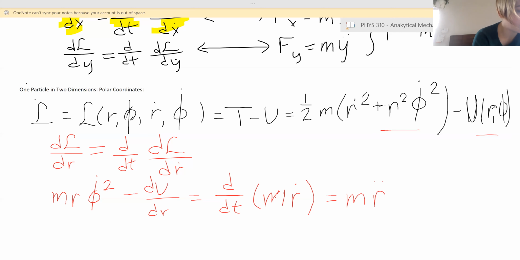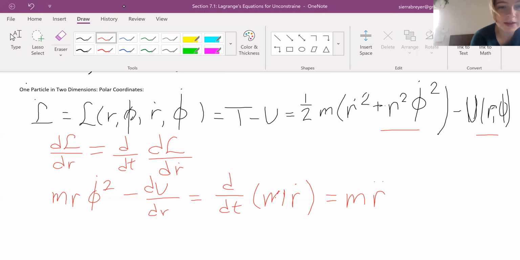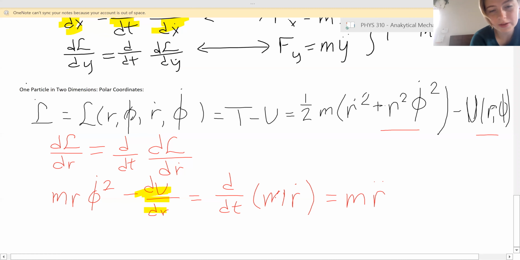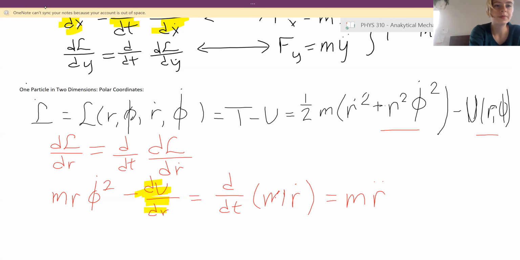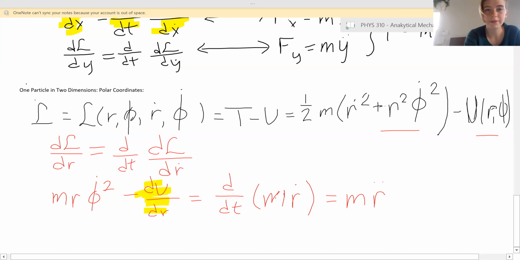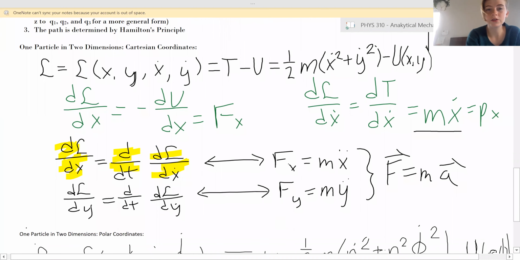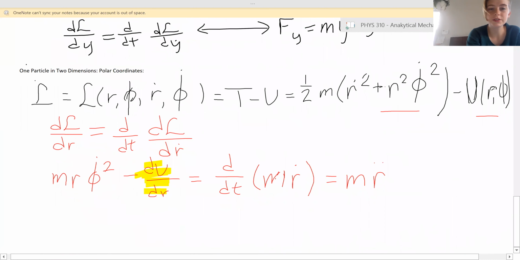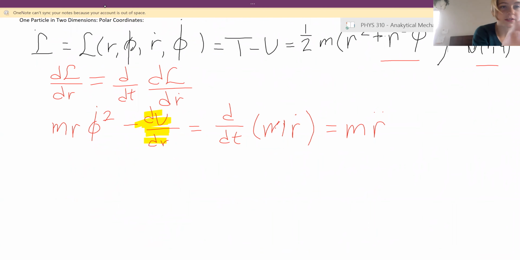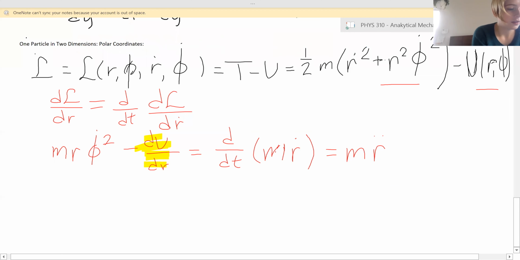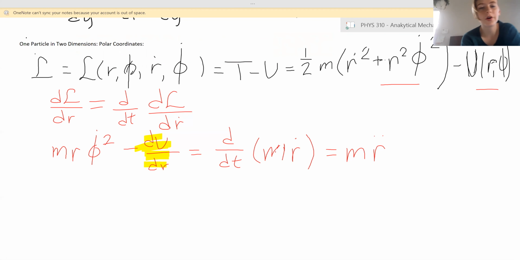So what we can say about that is that this right here is going to be equal to just the force, like we saw a bit more up here. Go back up. So that negative dU dx is just a force, and with the direction, so that's going to be the force in the r, like the component of the force that's proportional to the r of polar coordinates.